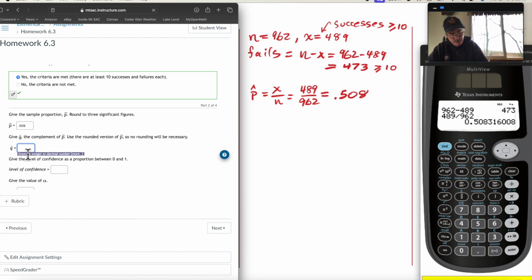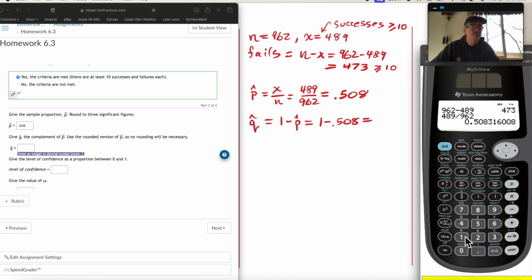Okay, now q hat is the complement, so q hat is 1 minus p hat. So whatever 1 minus 0.508 is. Turns out 0.492. Okay, that's good.